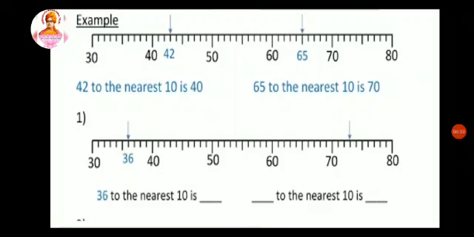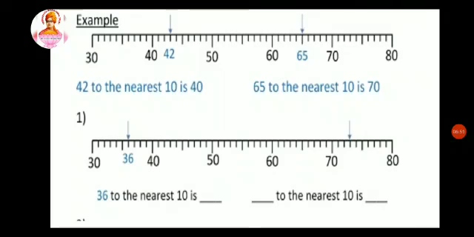We can also do this with another method using a number line. For example, if I want to round a number to the nearest tens place, then I write the tens multiples on the number line: 30, 40, 50, 60, 70, 80, like that.